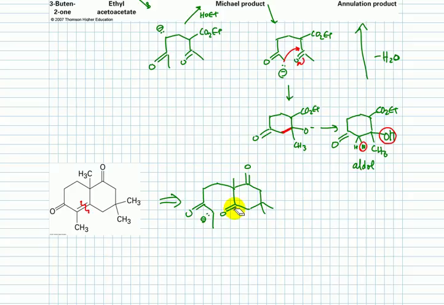Then, if we look at this product here, this is a beta diketone, which we could have done a Michael reaction to. So here is the alpha carbon of that, which was negative. And remember, a Michael reaction adds to the beta carbon of an enone.